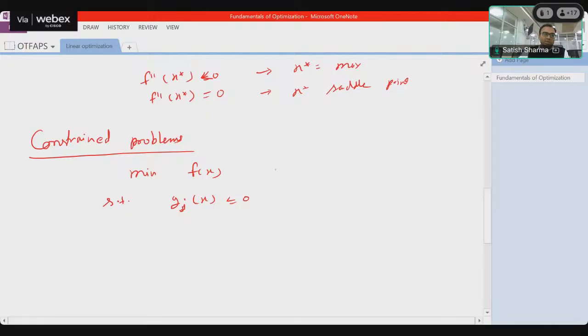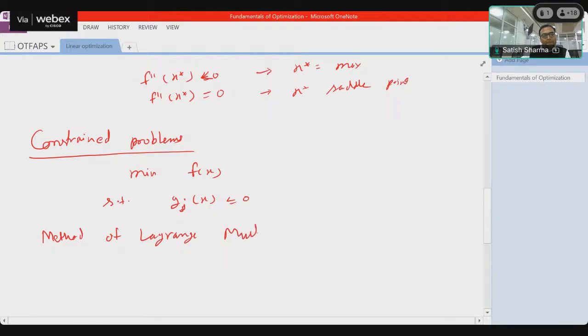And it is not a single condition, it's many conditions. So in that case, we use a method of multipliers, generally called Lagrange multipliers.